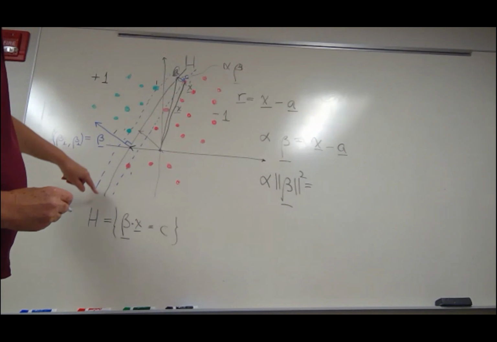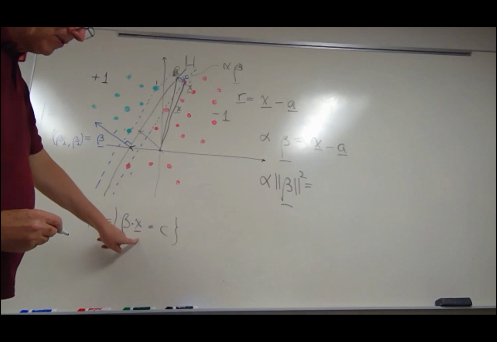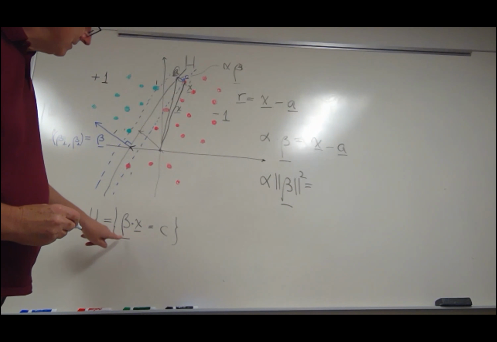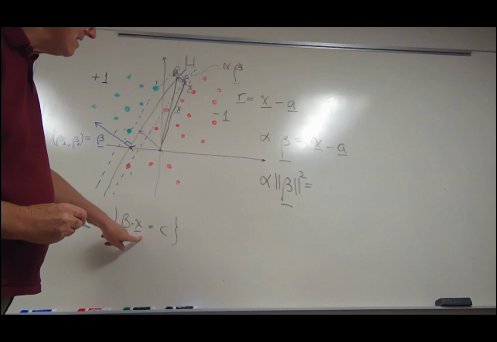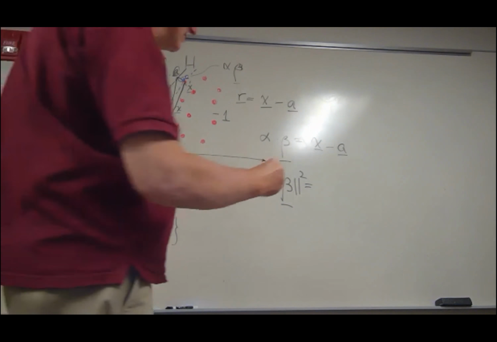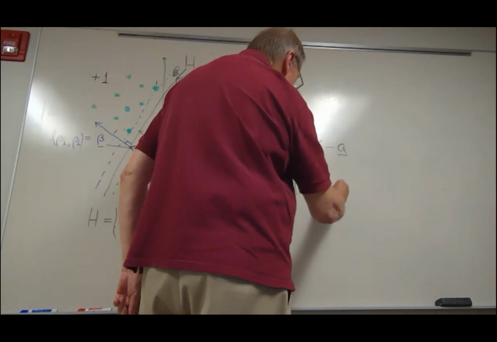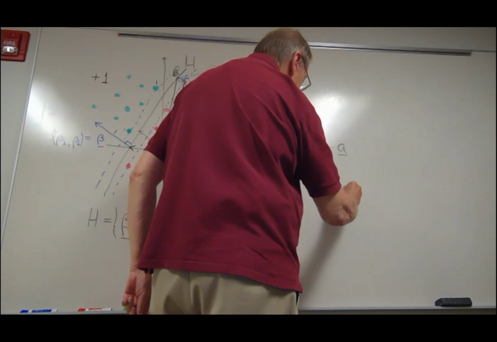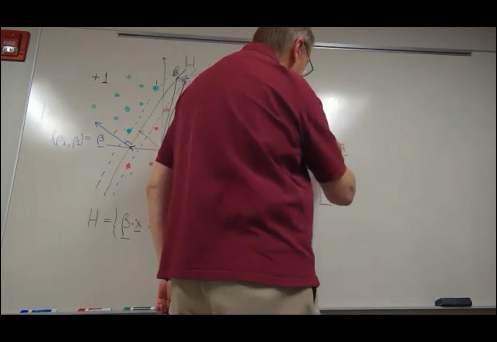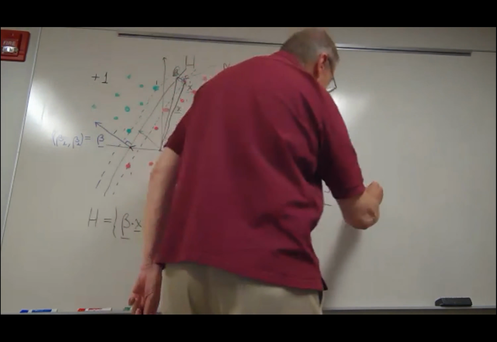But now a is on the line. So a is one of the points here. That means that beta dot a is equal to c. So this is equal to beta dot x minus c.